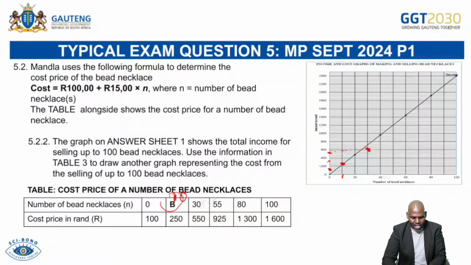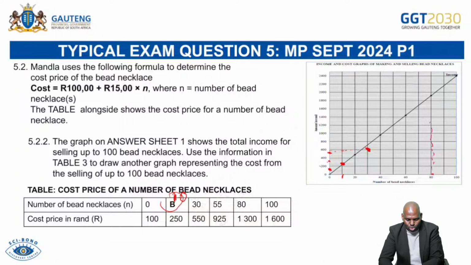The next point is 55 and 925. But you can see that already these are going to give me a straight line. So you can go to 80 and 1,300. So if I've got 80 here, then I go up somewhere I must find 1,300. Where am I going to find 1,300?